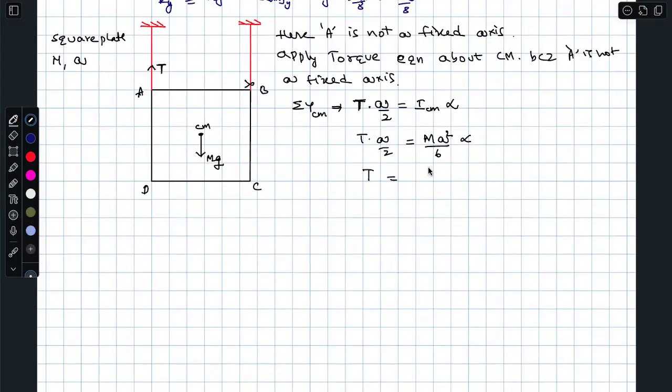So wherever I have T, I can write this as MA alpha by 3. Let this be equation 1. Now I see only upward forces. There is no horizontal force. So you apply the sigma Fy condition. Mg minus T is equal to MACM.